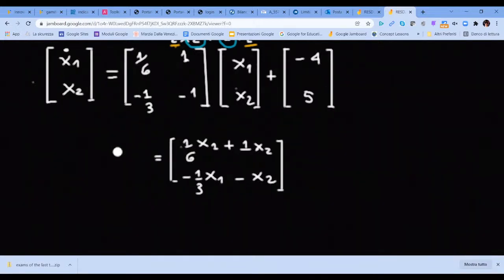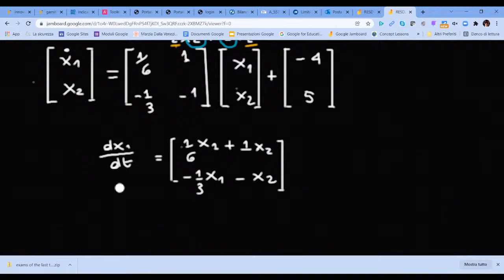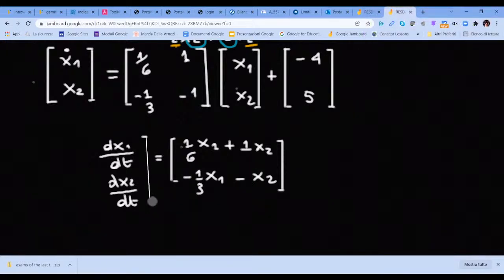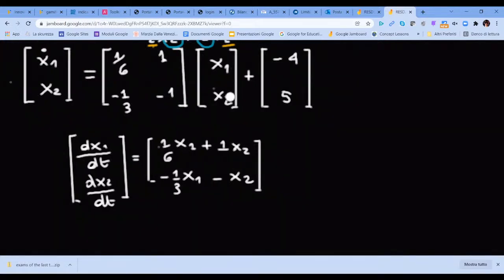Then the system is the derivative with respect to t. This is x1 dot, so the derivative of x1 over dt, and the derivative of the second one over dt. These are two components, and they are equal. Okay, so let's begin with the general solution of the homogeneous system.